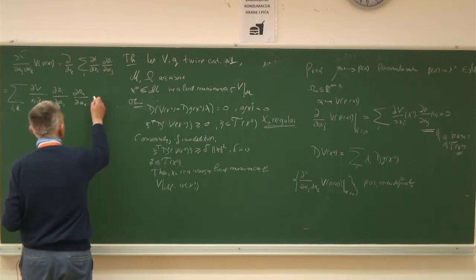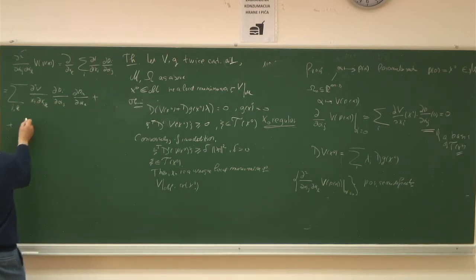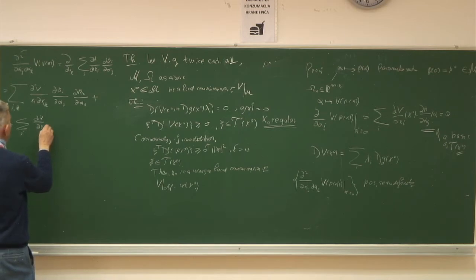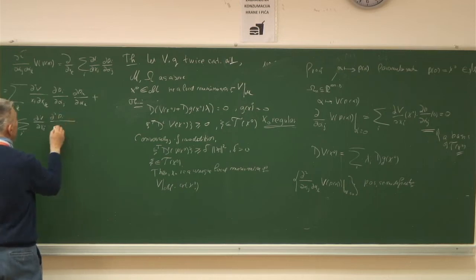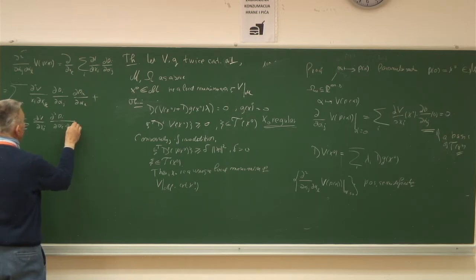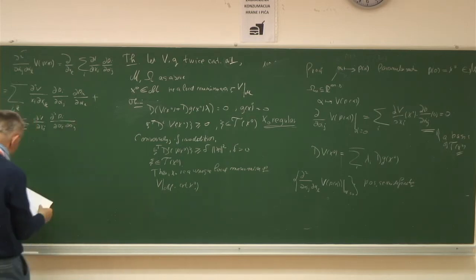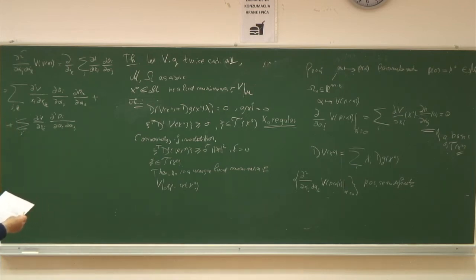Plus sum over i of dv over dxi times d2 P i over d alpha L d alpha j. Well, that's the full formula.